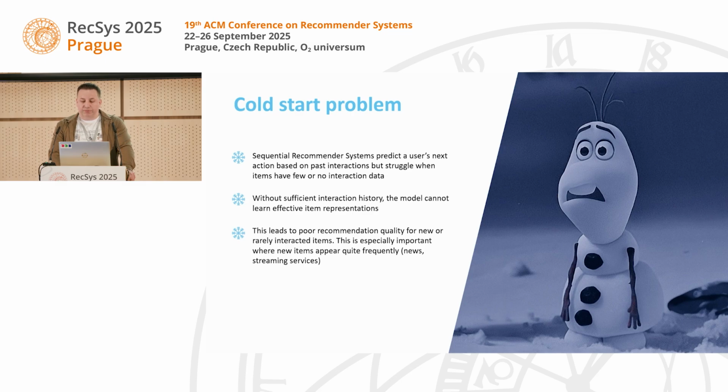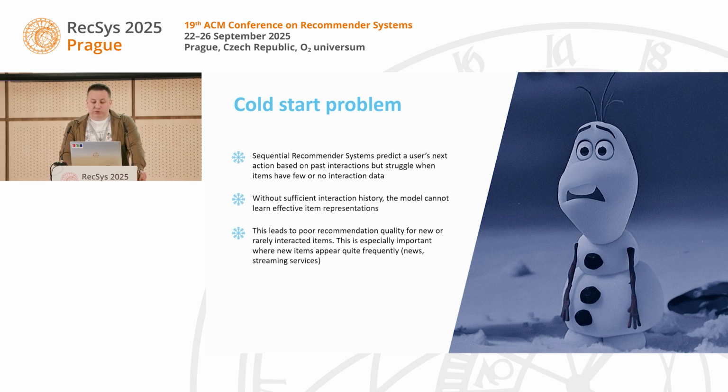However, they perform poorly for new or rarely seen items because the model cannot learn good representations for them. This is the so-called cold start problem with items. It limits recommending new items or using them in a user's history to predict future interactions.